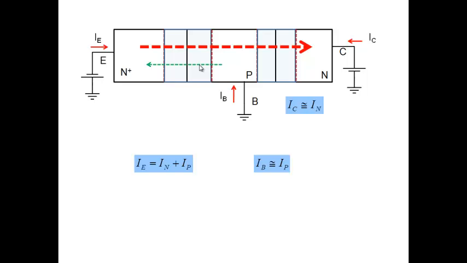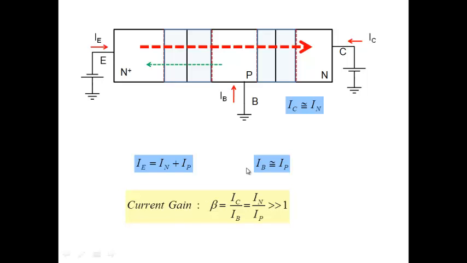So note all the components of the current that are flowing inside the bipolar transistor. This is simply the electron current. This is simply the hole current here, this green one. And the emitter current is the sum of these two. And note, what did we do? We made this N plus and P, which means IN, the electron current, is much, much larger than IP.